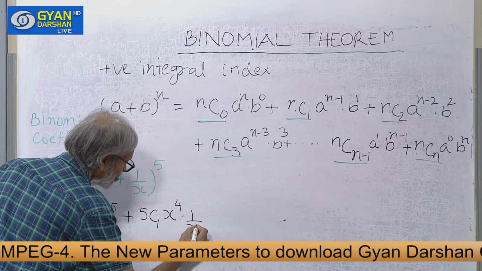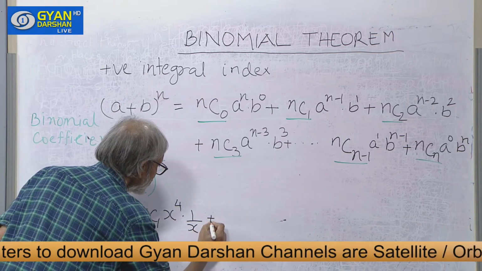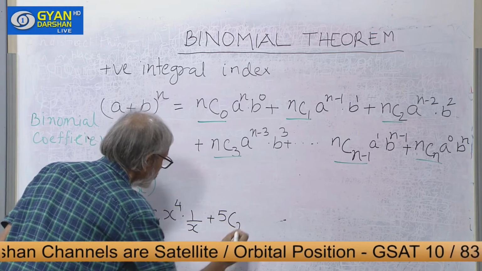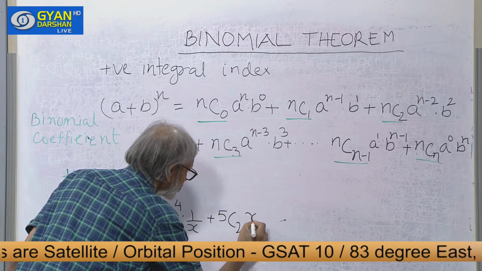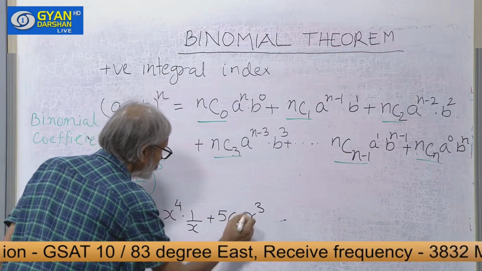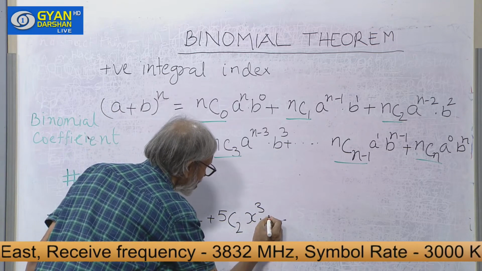So, 1/x will come here, plus 5C2, x cube, because n minus 2 will be x cube into 1/x squared.